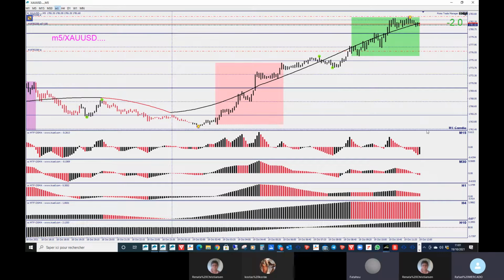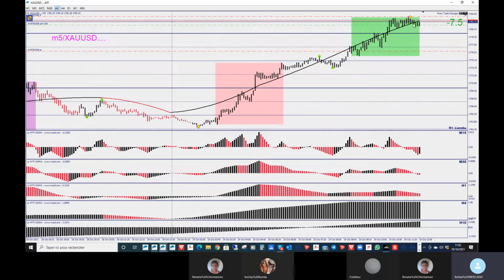So this is the 1 hour candle, right? The 5 minute. Oh no, it's the 15. Oh no, I don't remember. I believe it should be the 1 hour candle, I think. Okay, yeah, he said 1 hour candle here. Now it changed color again.